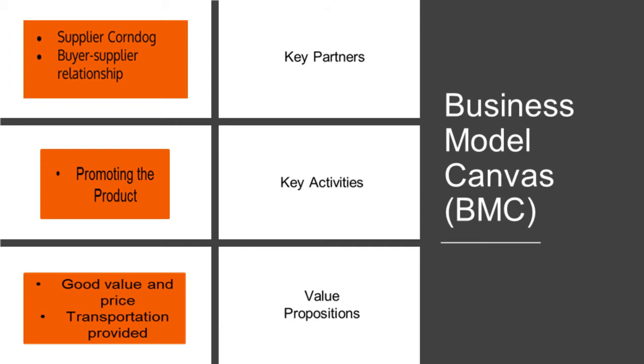Corndog Frozen by Ida offers an affordable price compared to other corndog sellers. The other value proposition of this business is providing good service like COD and posting the product to the customer at an affordable price. The customer does not have to worry about getting corndog from Frozen by Ida only by self-pickup, because this business provides other services to make sure the customer is happy.